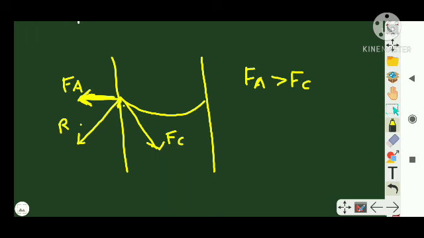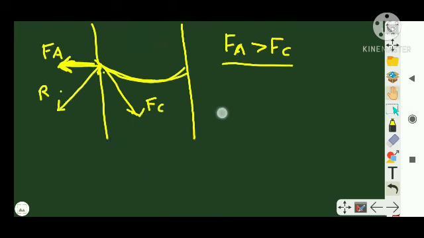Now R is perpendicular to the meniscus. This is a meniscus. If you consider this as a curve, this is perpendicular. Now if Fa is greater than Fc, then the meniscus will be concave like this.